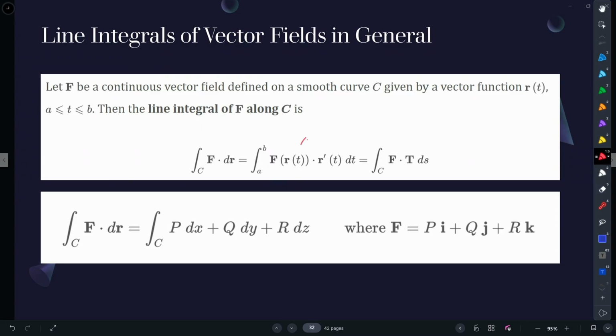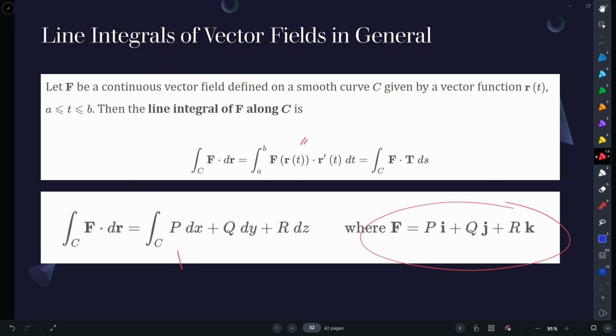Because if F is given by this formula, then this integral over here, what is the integral of P dx?